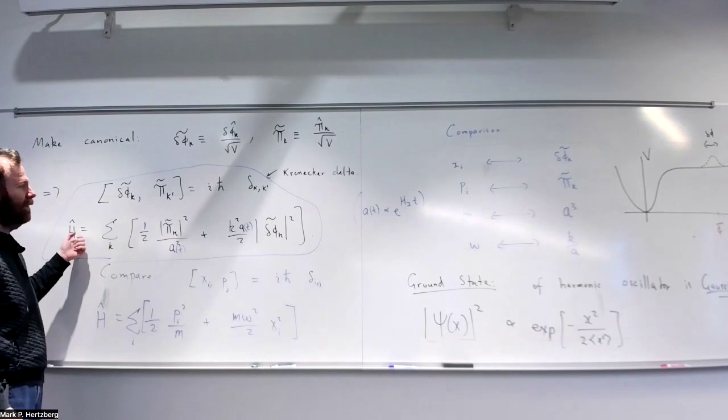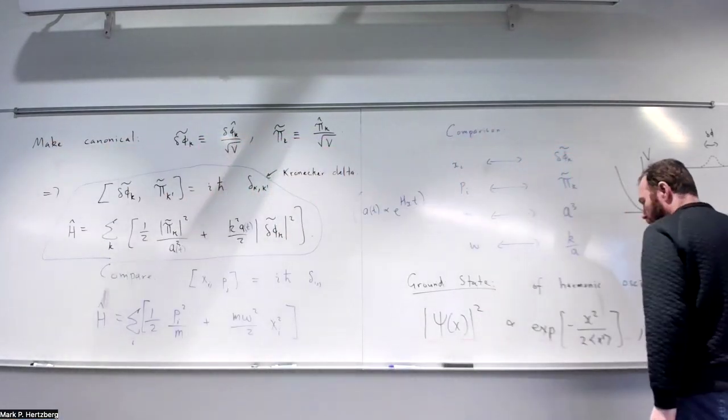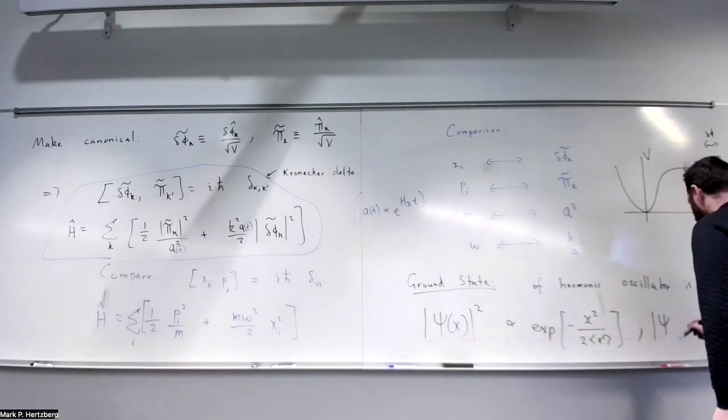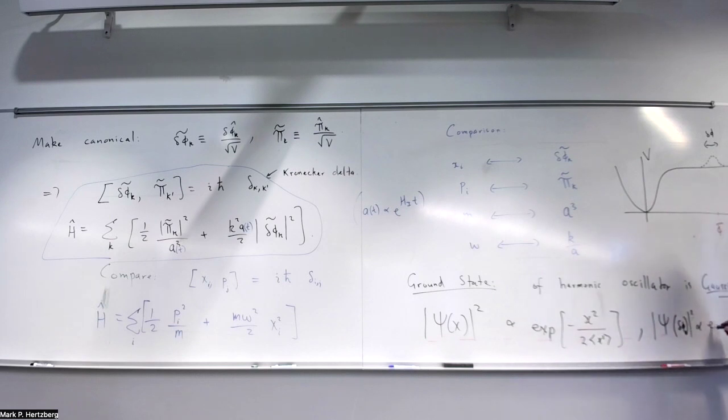And so therefore, for this theory, psi of delta phi k squared is proportional to the exponential of minus delta phi k squared, with a twiddle, over its variance.